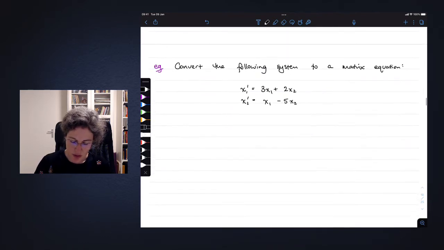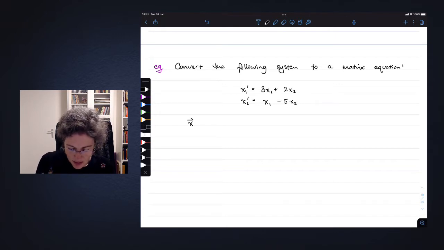So let's just practice writing things as a matrix equation. So we're going to let our x, which for the moment we're just going to carry on explicitly writing as a function of t, be x1 of t, x2 of t.